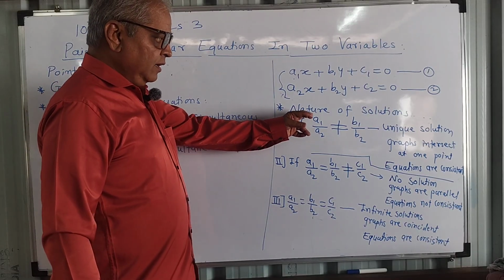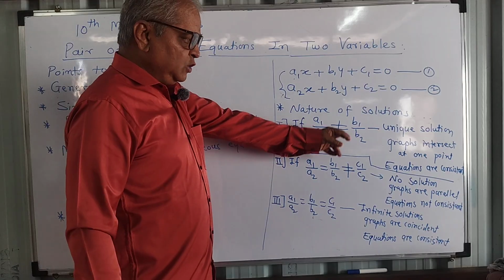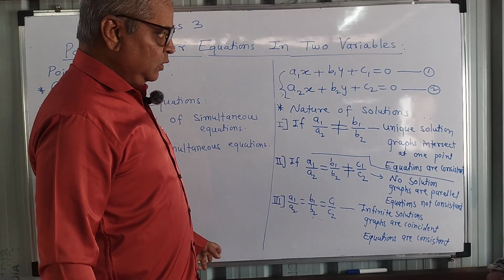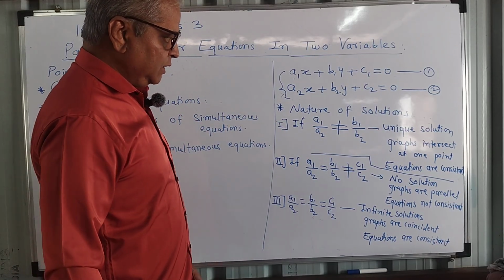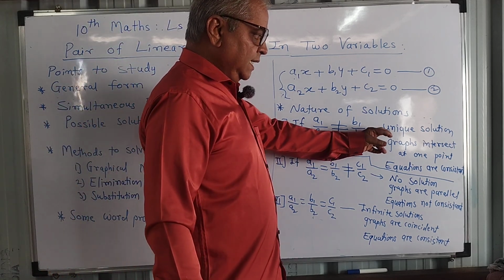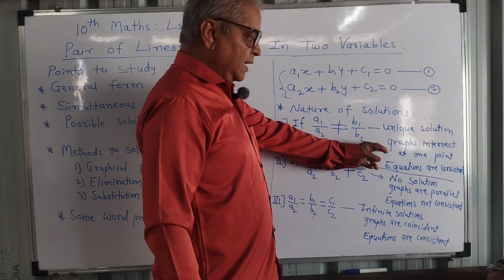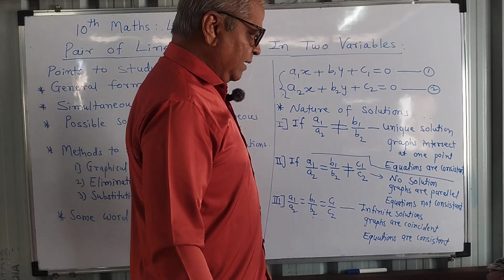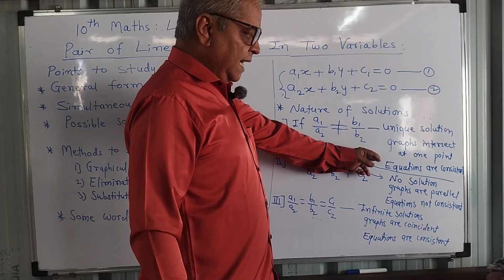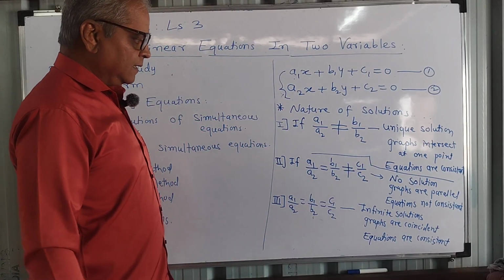First, if ratio of a1 upon a2 is not equals to b1 upon b2, then don't look for c1 upon c2, not required. If first two ratios are not equal, then equations have unique solution. If you try to plot the graph, graphs will intersect at one point only, and as it has one solution, unique solution, equations are consistent.